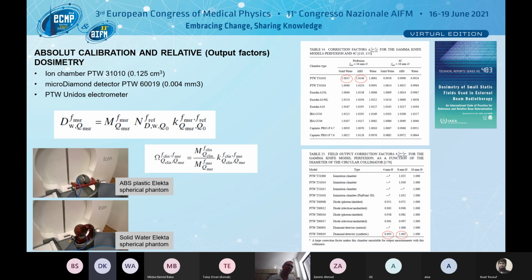Elekta should be able to give you both inserts, either the plate or this cylindrical insert. This is very important. If your geometry setup is wrong, you will most probably measure a smaller dose if you are off from the isocenter. So it's critical but easy to take care of, by getting the inserts from Elekta. Any other questions?